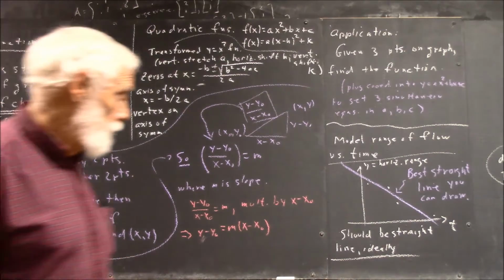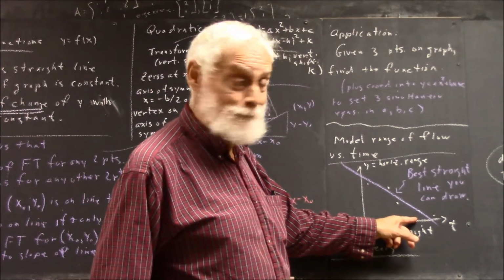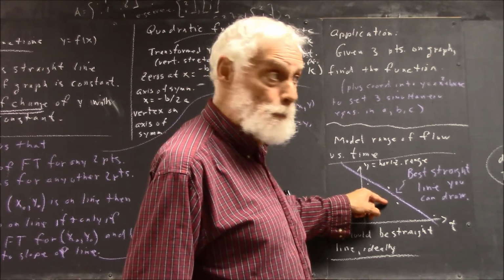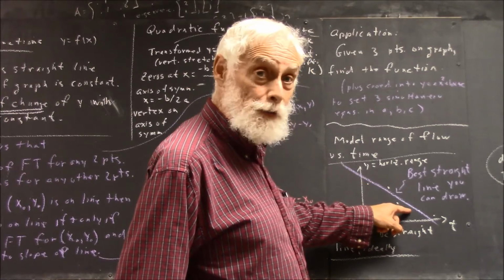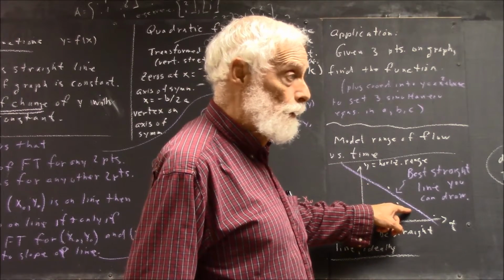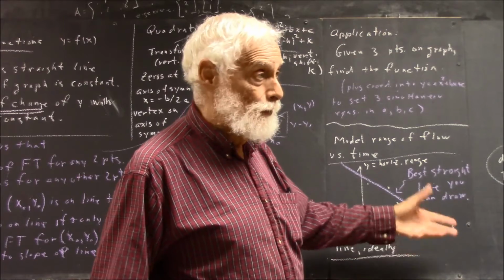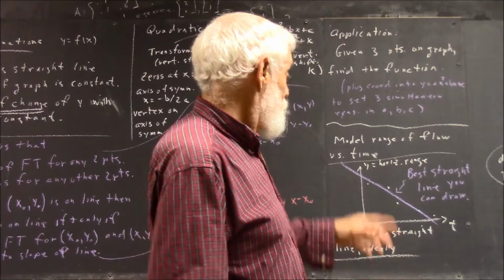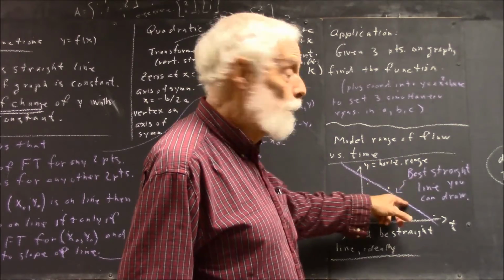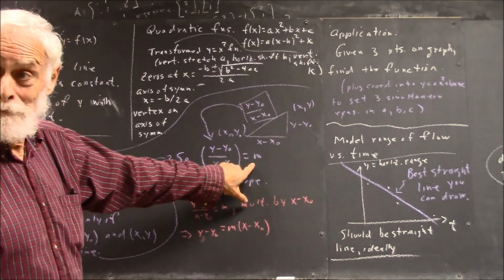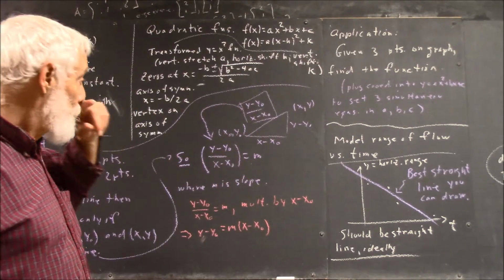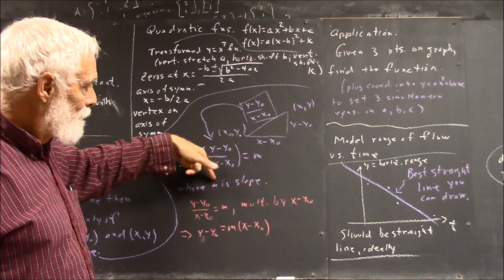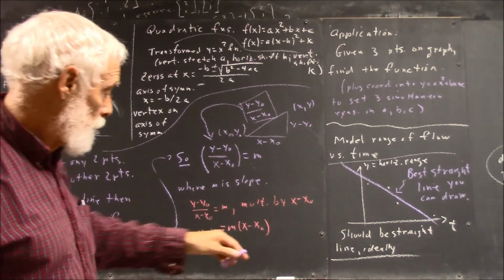What you're going to have to do is pick 2 points on that line, draw the fundamental triangle for those points, find its slope, and then take any one of those points and put it in a fundamental triangle with x, y, get the slope of that triangle and set them equal, right? Or, once you've done the fundamental triangle for 2 points, then you have the slope, haven't you? And then you just need the fundamental triangle for one more point, and you set that equal, and you get the equation of the line, okay?